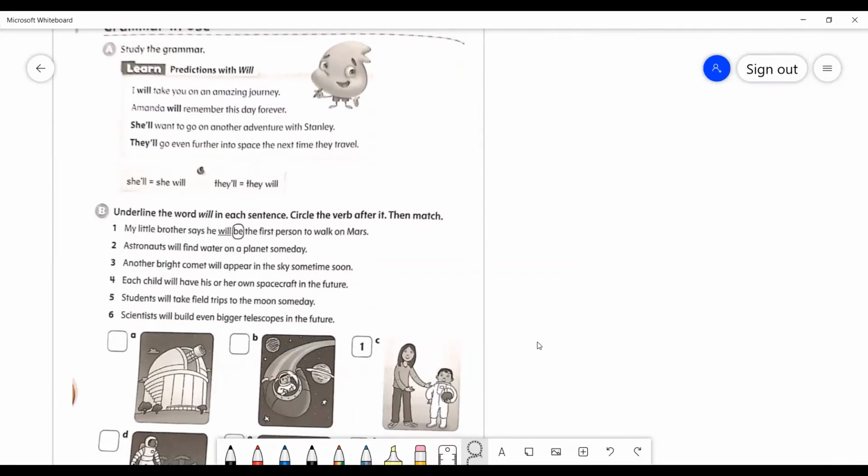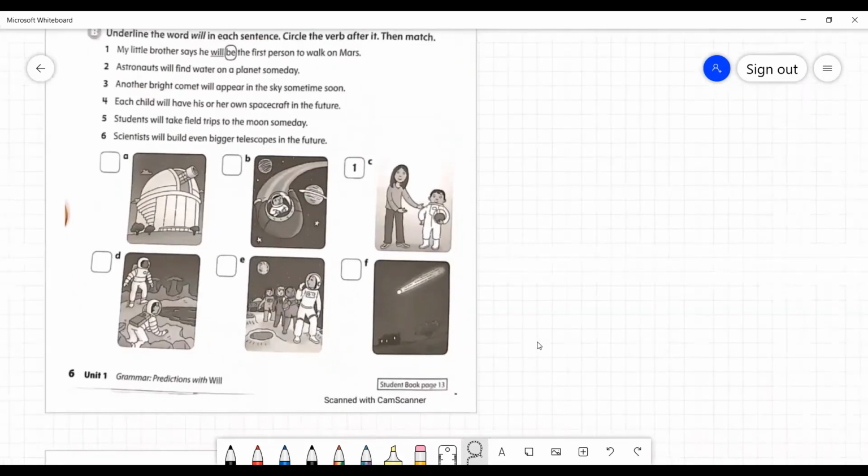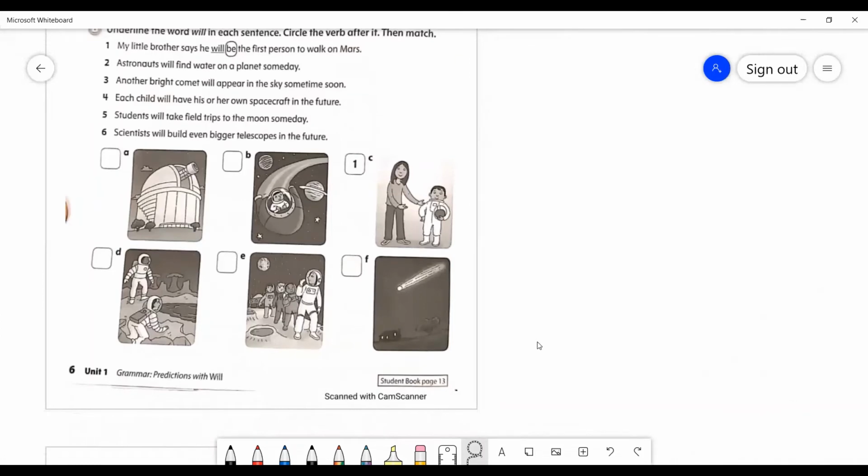So now underline the words will in each sentence and circle the verb after it, then match. So we should see in the part B, and this is the page number 6.